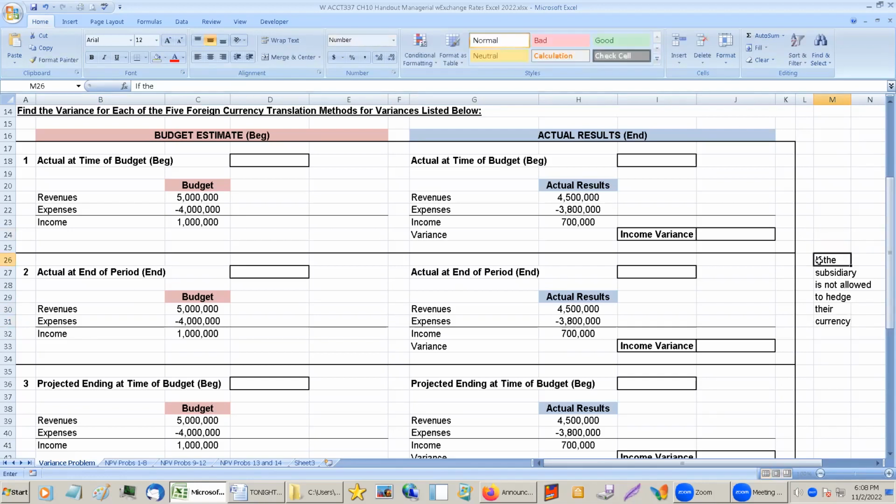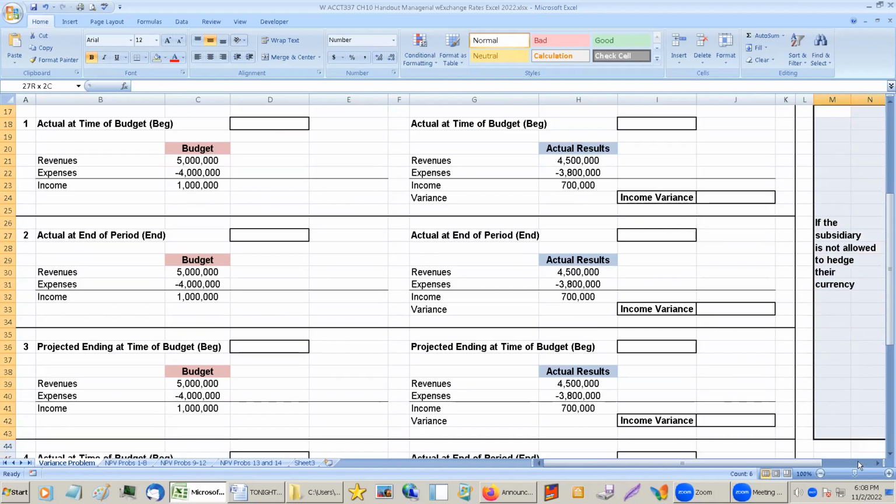If the subsidiary is not allowed to hedge their currency, these first three are the ones you want to go with.